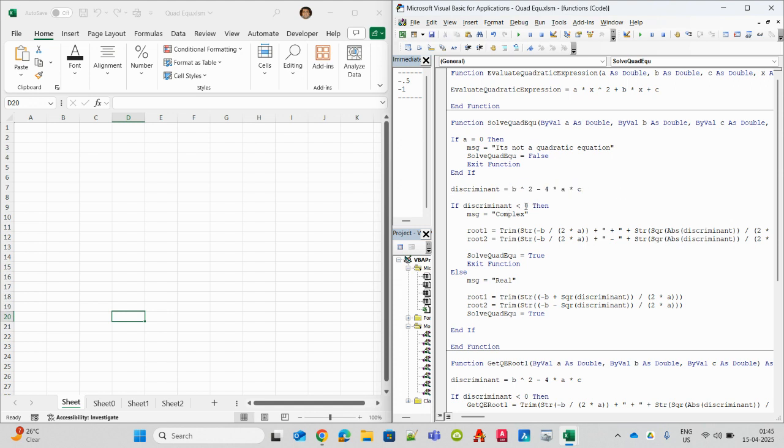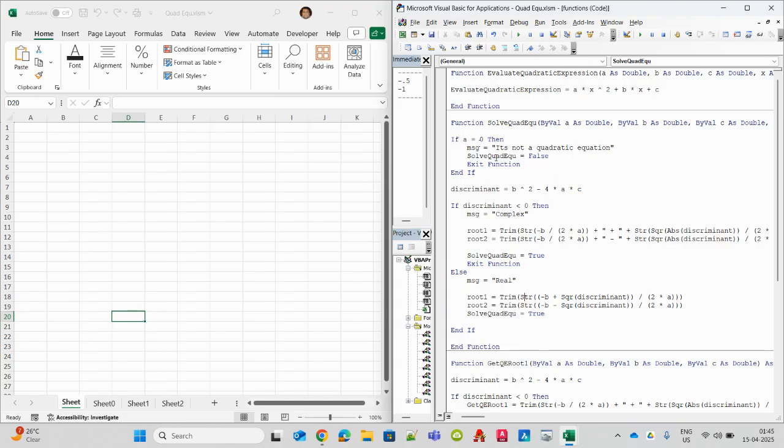If it is less than 0, the roots are complex, which is set into the message, and if it is not less than 0 then they are real. In both cases the roots are calculated using those formulas and the function returns the status whether it is successful or not. If a is 0, it's not a quadratic equation, it's basically a linear equation.